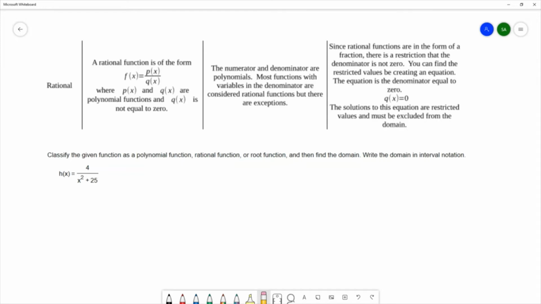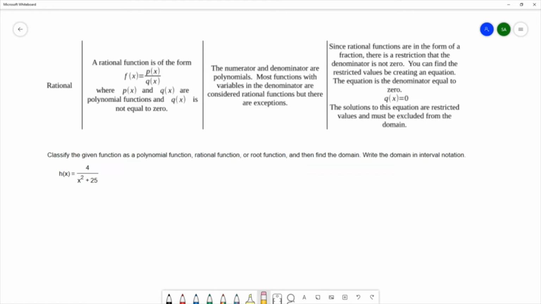So this is the key to finding the domain. Q of x is not equal to 0, and the reason why our denominator cannot equal 0 is because division by 0 is undefined. So that's going to be our strategy for finding the domain.